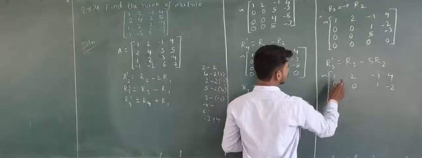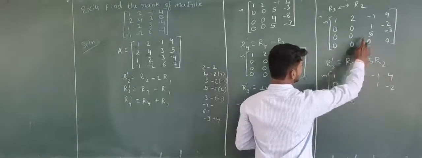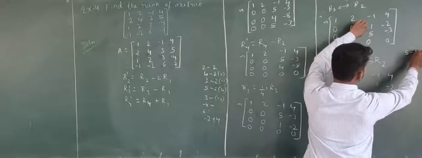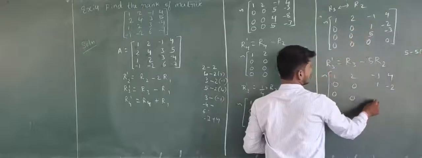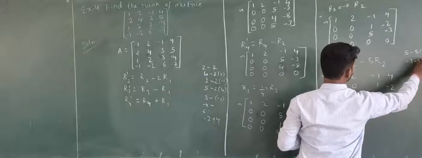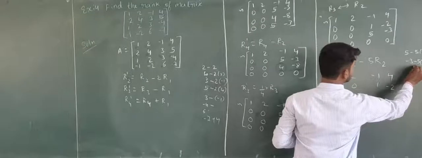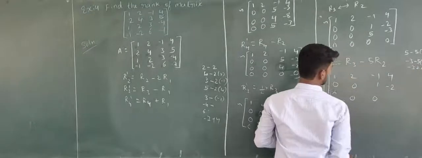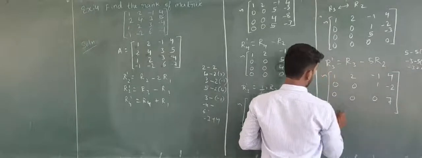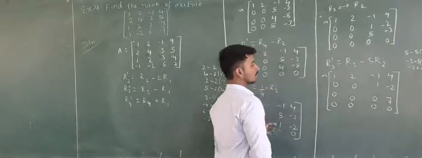Next, changing row 3: 0, 0, 5 minus 5 into 1, this will be 0. Next minus 3 minus 5 into minus 2, that is plus 10, so minus 3 plus 10 will be plus 7. And your last row will be 0, 0, 0, 0.